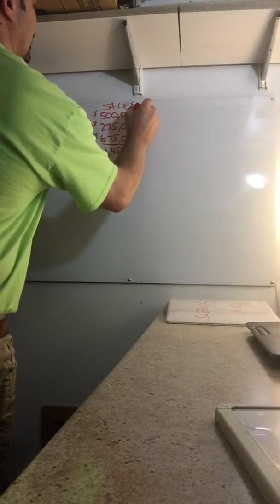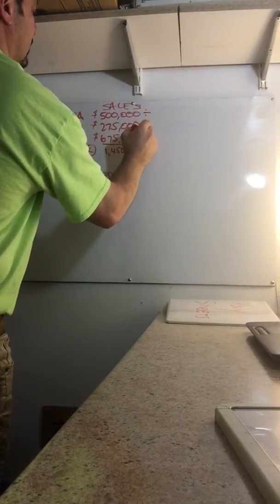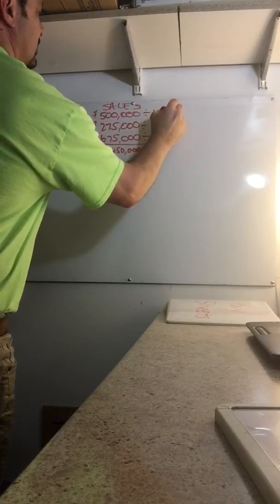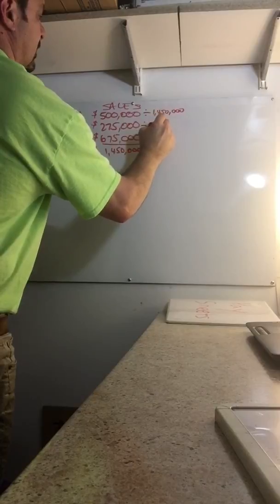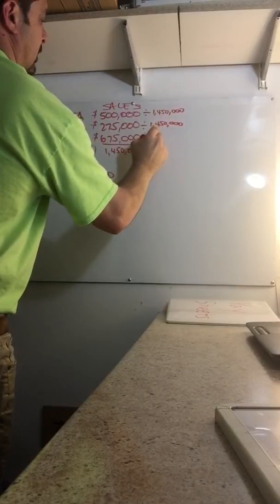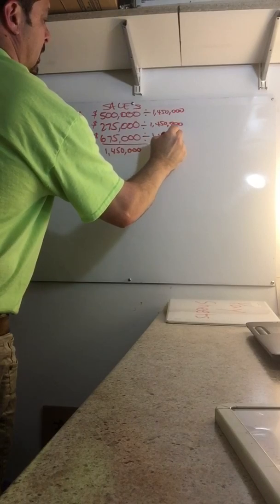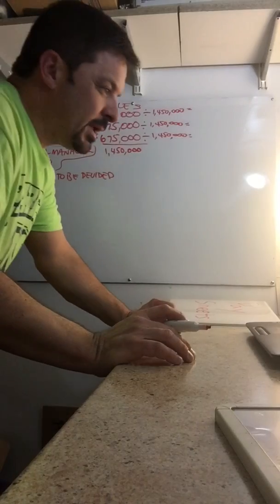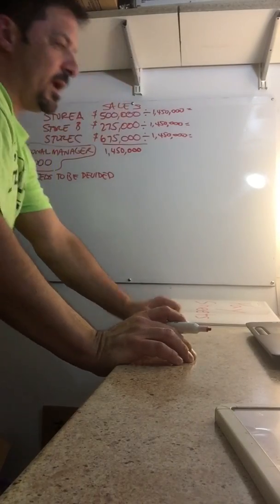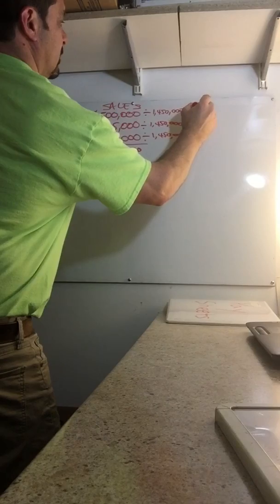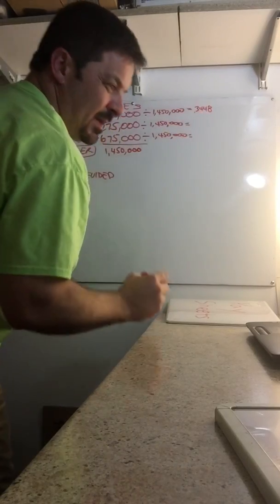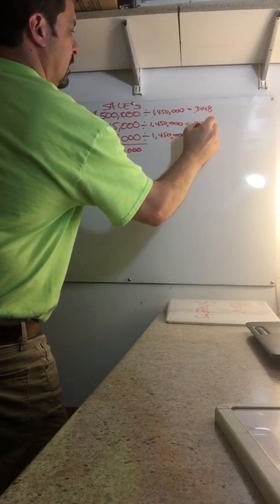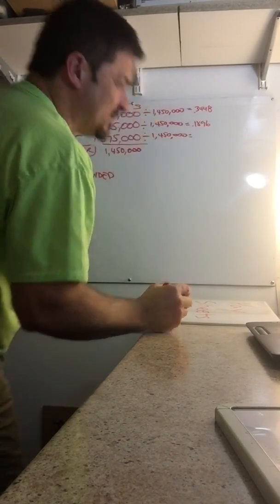Then we're going to divide each one by that $1,450,000. And we're going to get a decimal 0.3448, and we get 0.1896, and we get 0.4655.